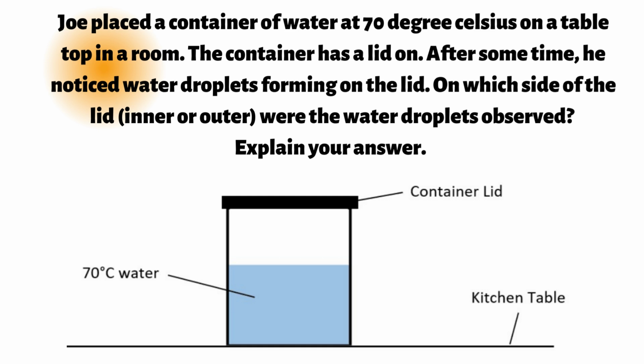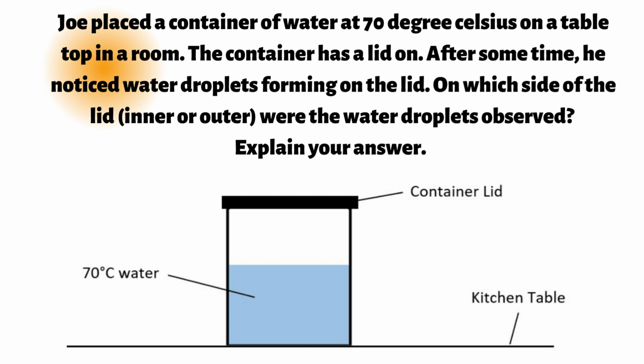Things like evaporation, where water changes state from liquid to gaseous state. Then we also learn the reverse of evaporation, which is condensation. Condensation is when water in the gaseous state changes to the liquid state.